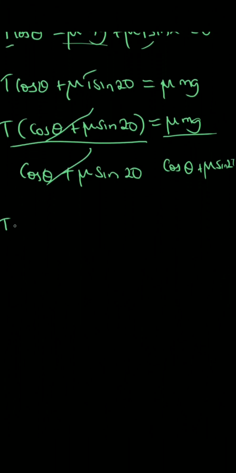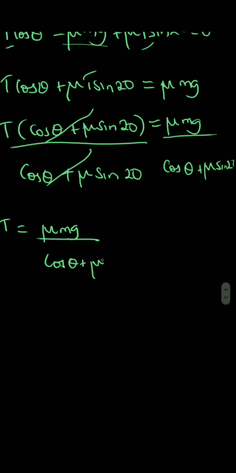So the common terms that we have on the left will cancel, leaving us with the tension to be equal to mu mg over cos theta plus mu sine theta, which is a 20.